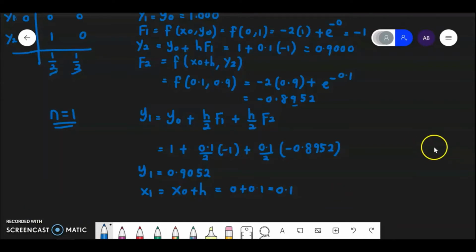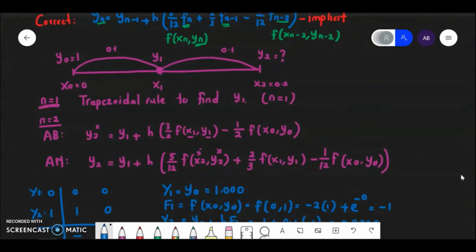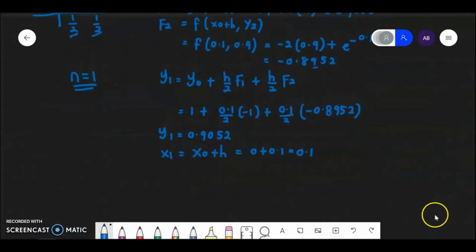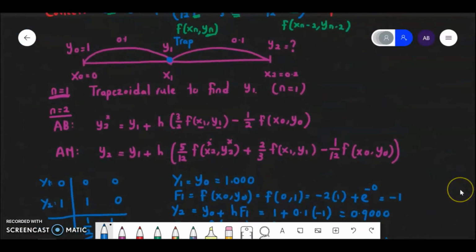That's cool, which means we are halfway there. I've obtained this value using the trapezoidal rule. What I need to update here: I need f at x1, y1.